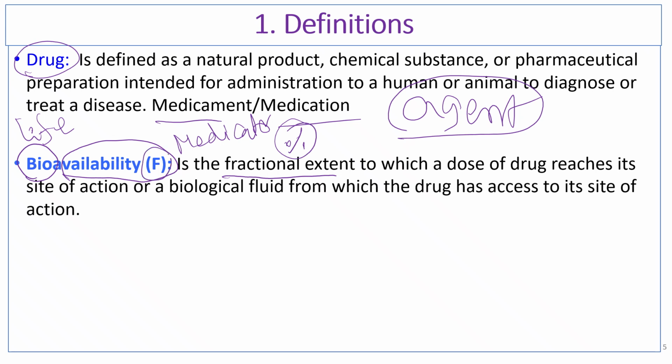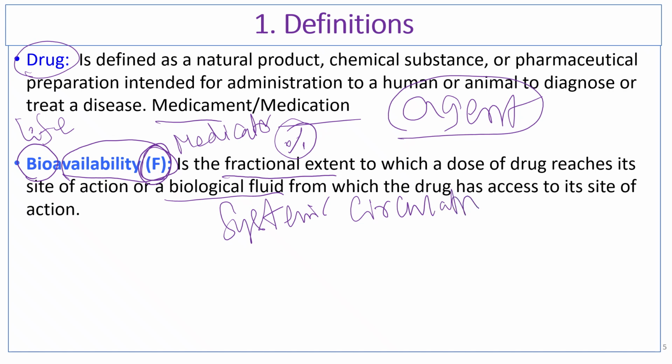That is F. Bioavailability is termed as the F value. That is the fractional extent to which a dose of the drug reaches its site of action, biological fluid, or systemic circulation, right? So that is the bioavailability.